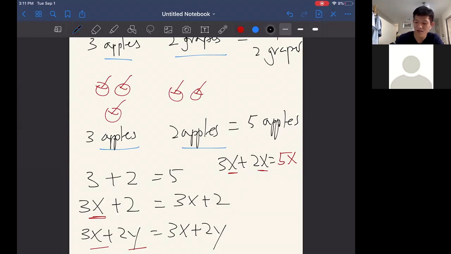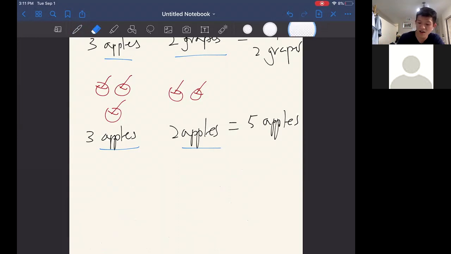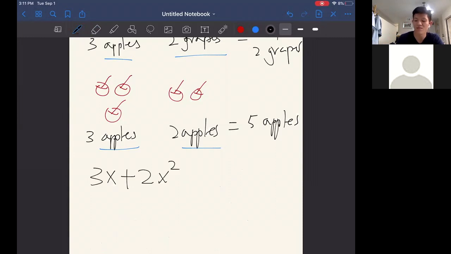But what about this? If you have 3x plus 2x squared, can you combine them? We have x, we have x. Can you combine them? Well, the quick and short answer is no. This is just equal to 3x plus 2x squared.